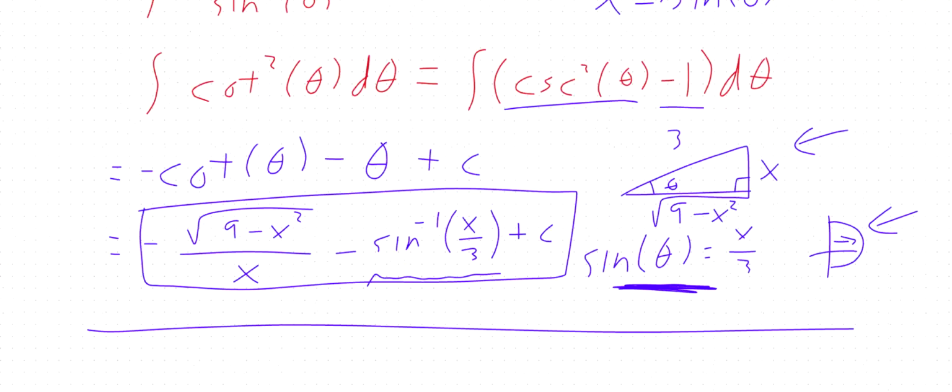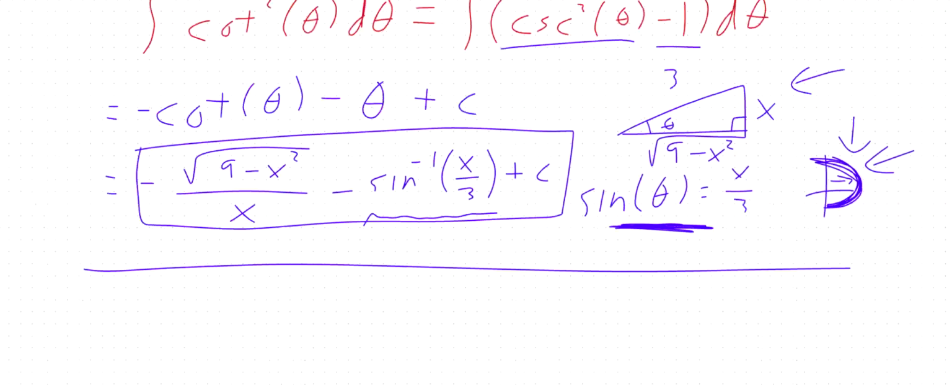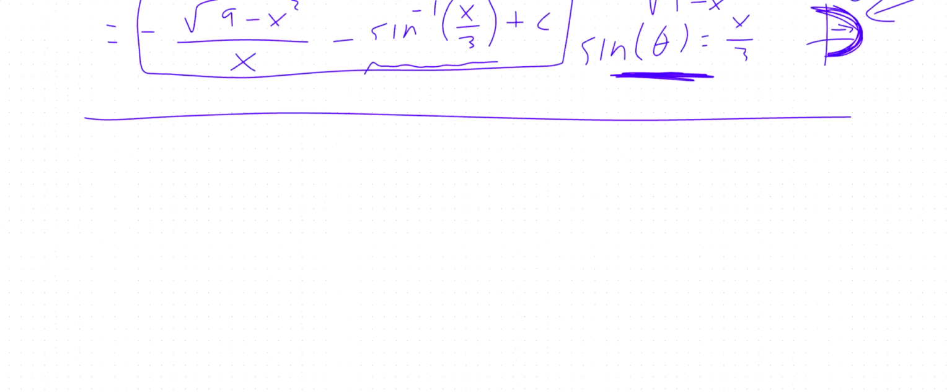Arc sine is defined between negative pi over 2 and pi over 2, and cosine is positive in those two quadrants. So that's a little more explanation of why we can drop absolute values and restrict our domain.